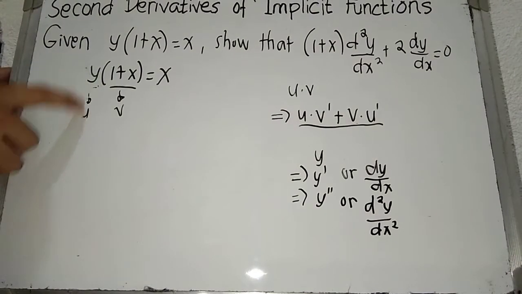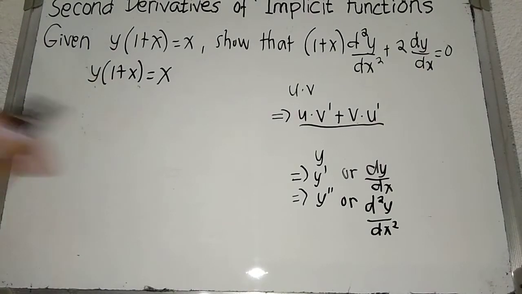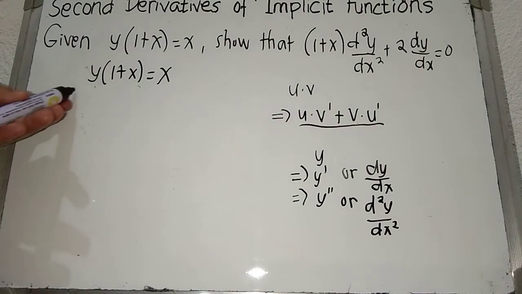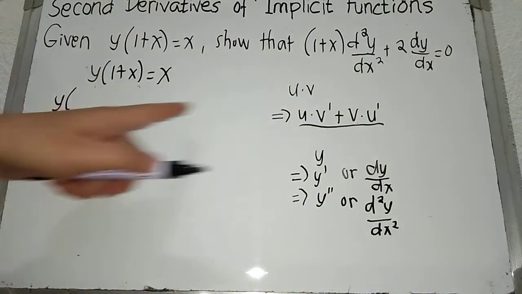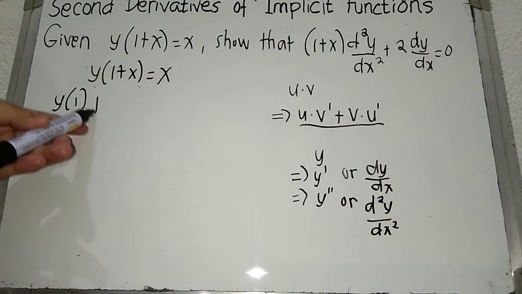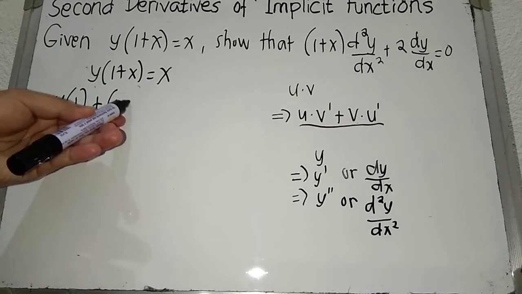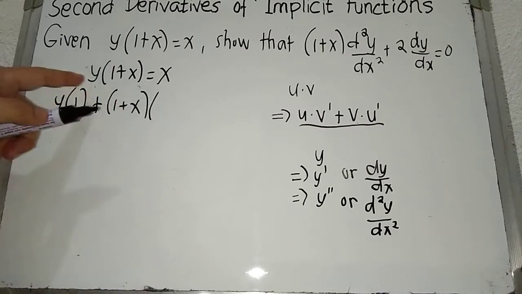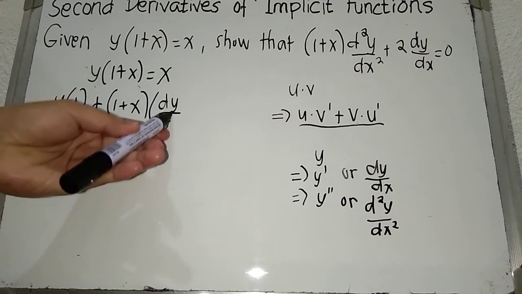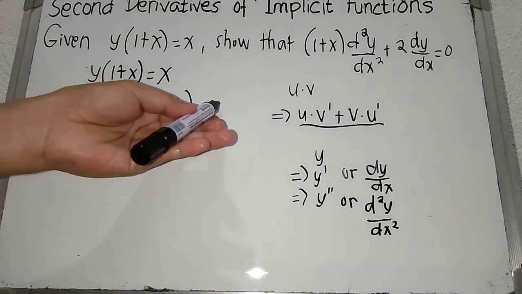This is our u, and the second one is our v. So first thing to do is to copy the u, which is y. So you have y times the derivative of our v, or the derivative of 1 plus x, which is 1, plus copying the v, which is now 1 plus x, times the derivative of y, which is the derivative of y with respect to x, and also differentiating the right side, which is 1.